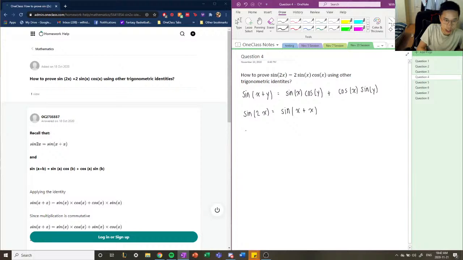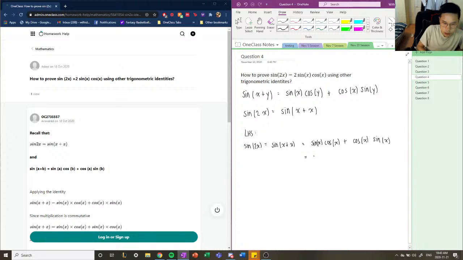So let's do the left-hand side. The left-hand side is sine of 2x. You can write that as sine of x plus x. And using our previously known trigonometric identity, you can write this as sine of x times cos of x plus cos of x times sine of x.